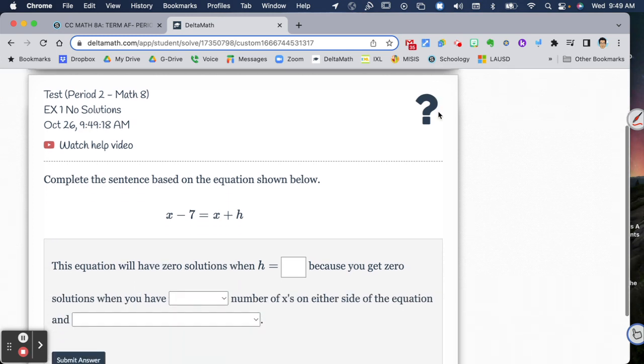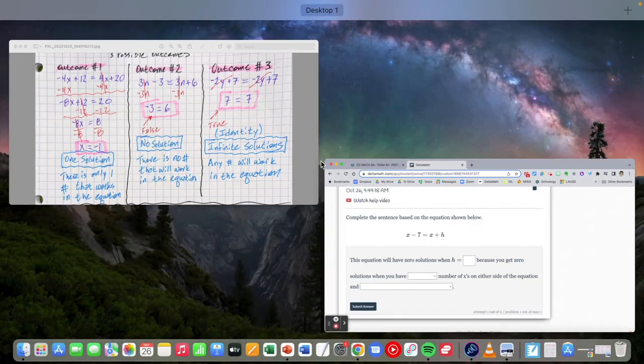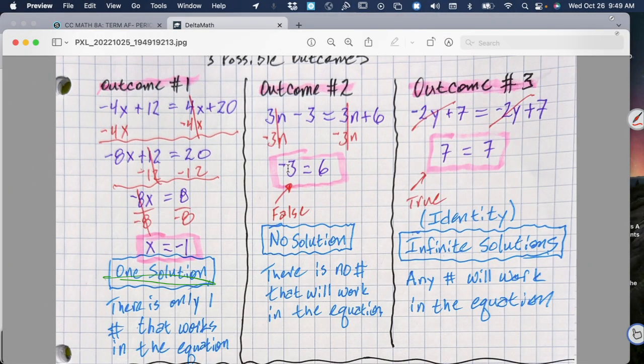All right. Now, this is another one. This time we want 0 or no solutions. So let's go to our example from yesterday. No solution was right here. So the variable amounts on each side are the same. What can we say about the constants? Different.